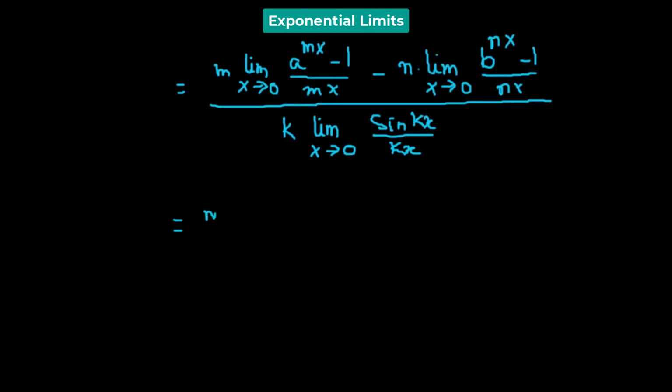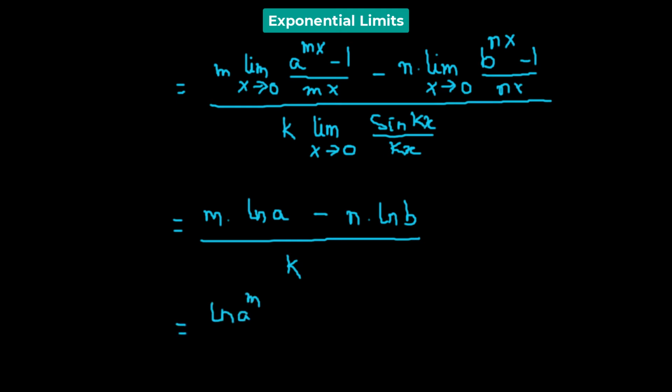So the limit of a raised to the power of mx minus 1 over mx is going to be natural log of a. So we have m times natural log of a minus n times the natural log of b, divided by k, which is equal to natural log of a raised to the power of m minus natural log of b raised to the power of n, whole divided by k.